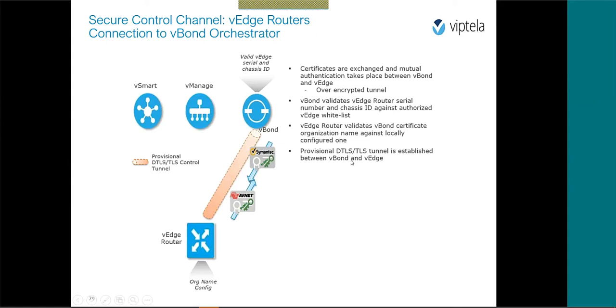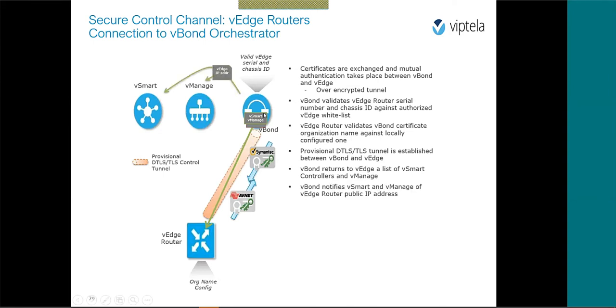This is basically a DTLS tunnel. With vBond, we don't enable any TCP-based tunnel, that is a transport layer security tunnel. Only a UDP-based DTLS tunnel is established. When this is done, it's vBond's responsibility to distribute other controller information. vBond returns to vEdge a list of vSmart controllers and vManage, and vBond notifies vManage and then vSmart about the public IP address of the vEdge.